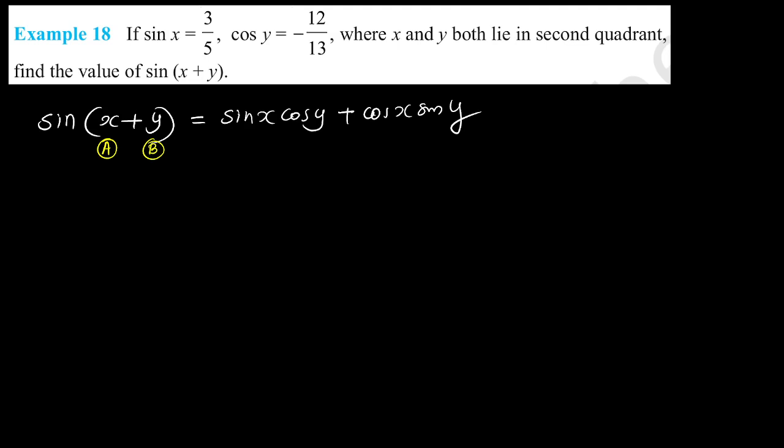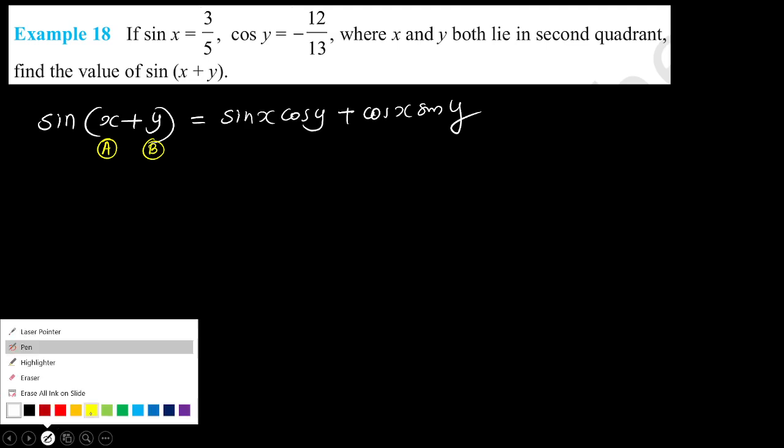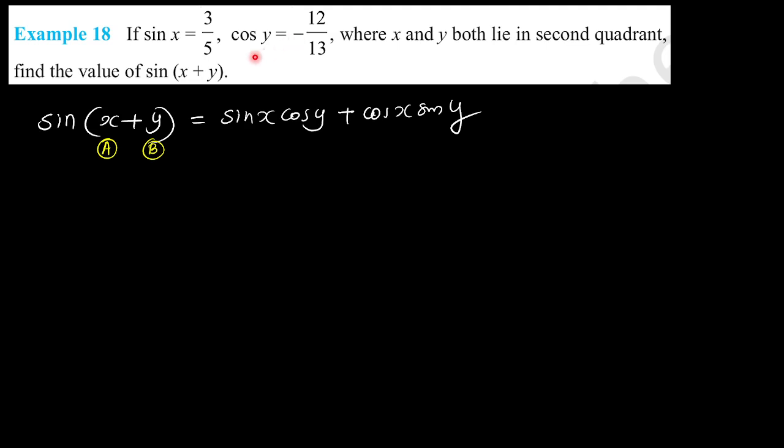Yes, sir. So here all the terms are not given. Sin x is given in this question, so I have no tension about this term. Cos y is given, so we need not worry about cos y. But what about cos x?